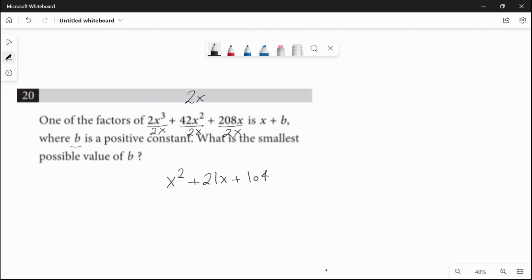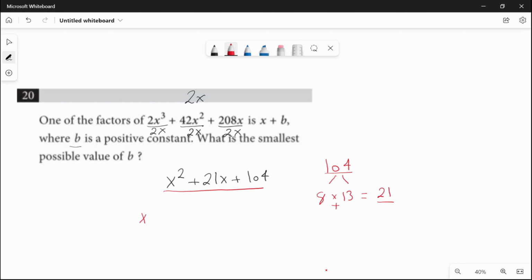Now the next step will be finding the factors of this function. The factors of this function could be found by getting two values that have a product of 104 and a sum of 21. We can try out 8 and 13. 8 multiplied by 13 is equal to 104, and if we add them up, we will have 21.